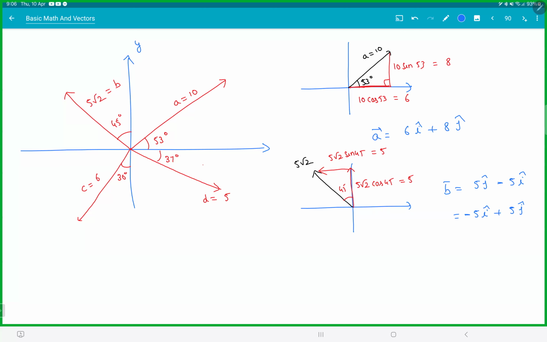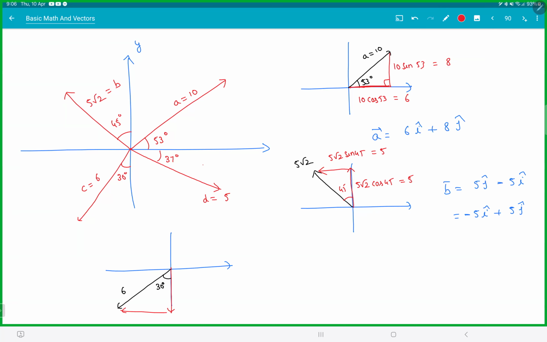What about C? So C is this, 6. This is 30 degrees. So I will travel down, then I'll take a left turn, I will reach this point.